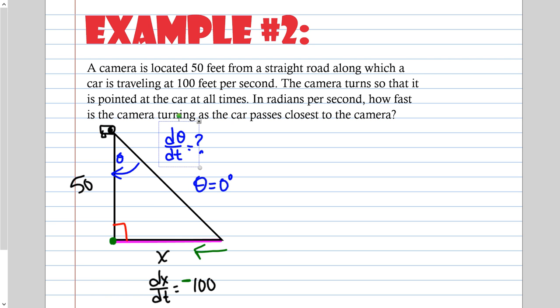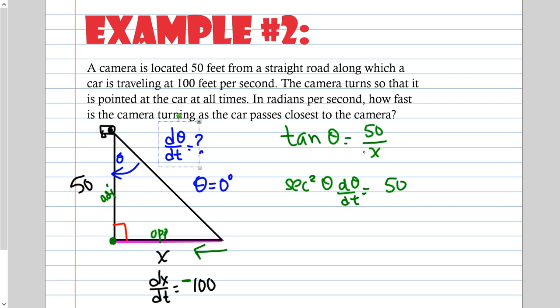So once again, figure out what you got. I have my opposite to the angle, and I have my adjacent, which is good news because it means that we are using tangent. Tangent is opposite over adjacent. Derive, you're always going to have to use secant squared theta d theta/dt equals 50.